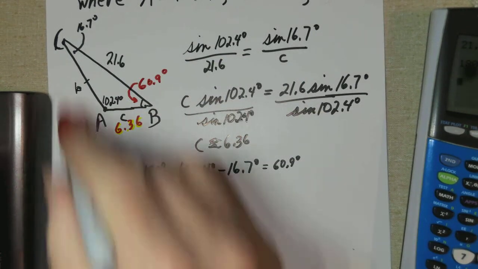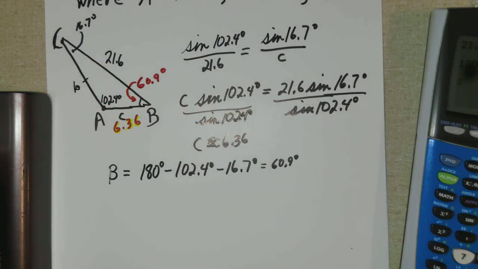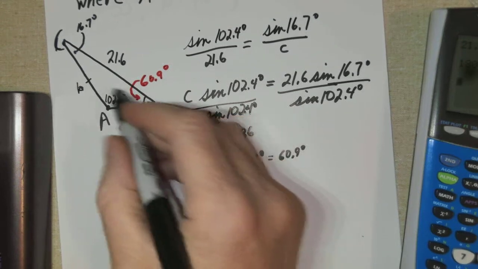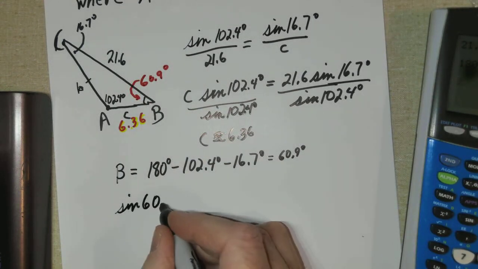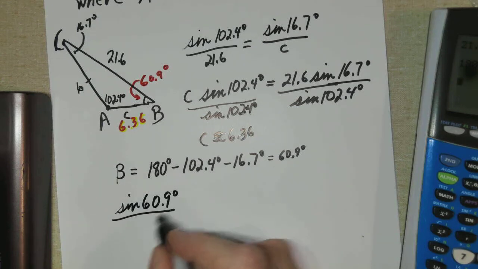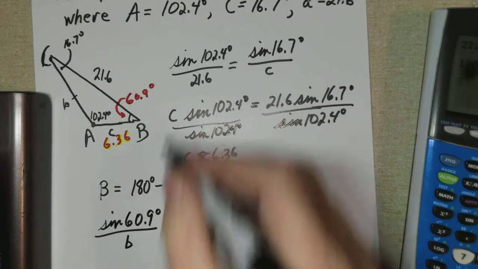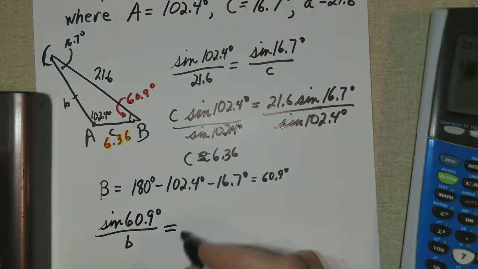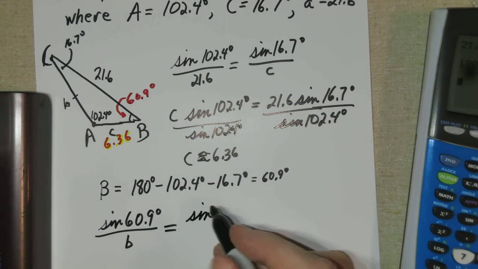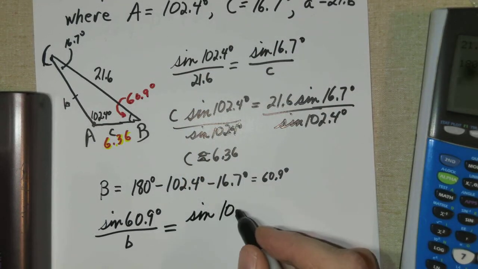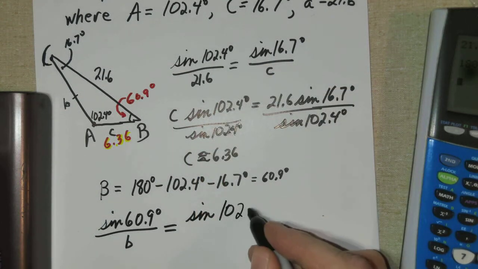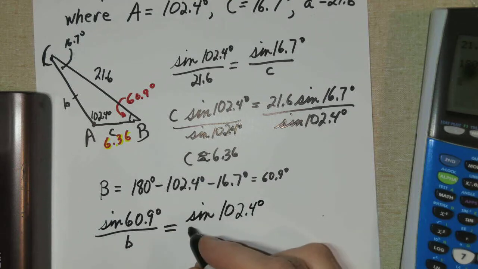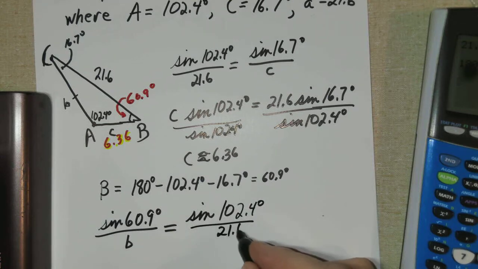And all that's left is the length of B. And I'm going to use that angle now. Its opposite angle is the sine of 60.9 degrees over B equals, I think I'll use this one since we had those from the beginning. Doesn't matter though. You can use the sine of C over C if you want, but I'm going to go with the sine of A over A. So the sine of 102.4 degrees over 21.6.